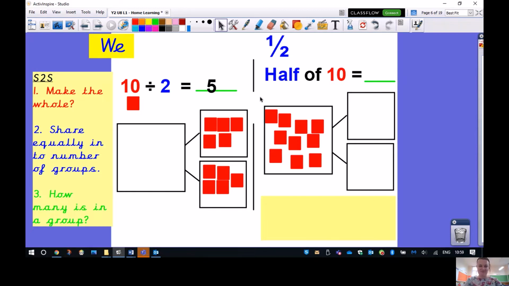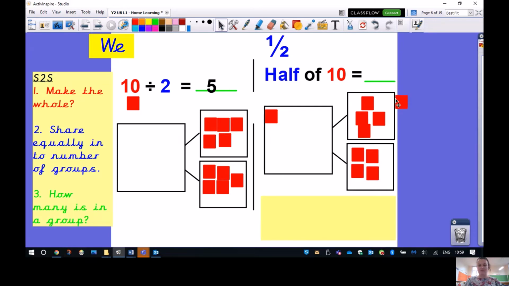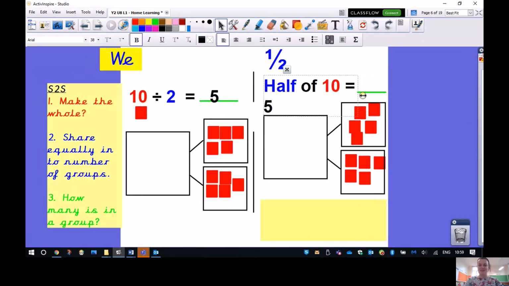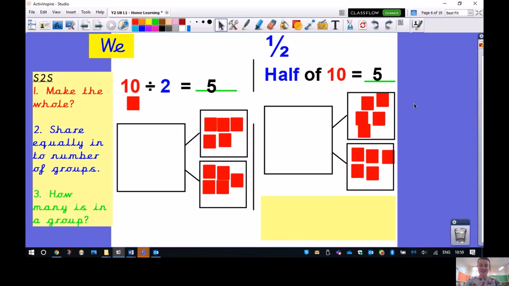Half of 10. I've got my 10. I'm going to share them equally. 1, 2, 3, 4, 5. Let's check. How many is in a group? 1, 2, 3, 4, 5. Half of 10 equals 5. They're the same. 10 divided by 2, or half of 10, is 5.